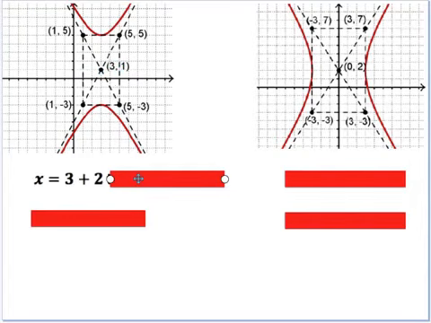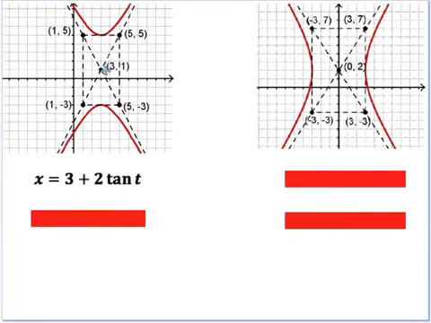So your radius is 2, okay? So for this hyperbola, the x formula is going to be 3 plus 2 times tangent t, because we're moving to the right 3. That's where we get that 3. And then from the center of this point to the edge of the dotted line is 2.